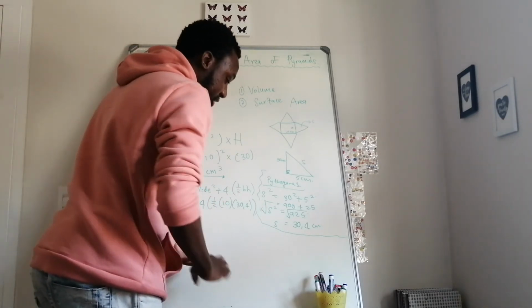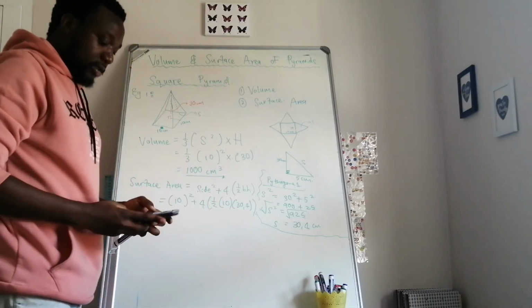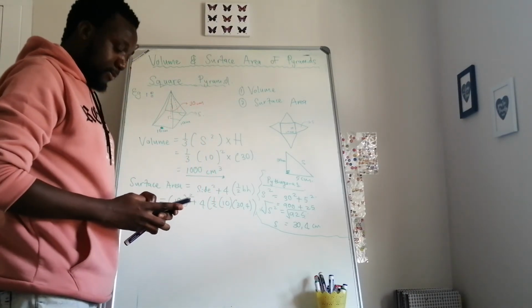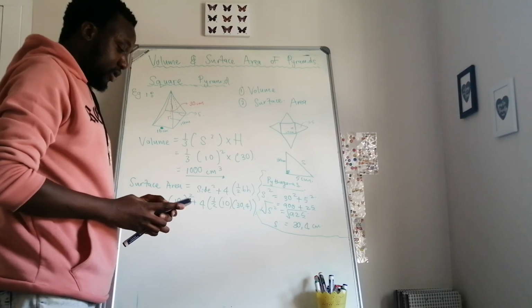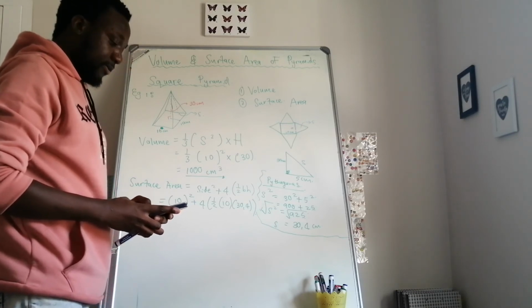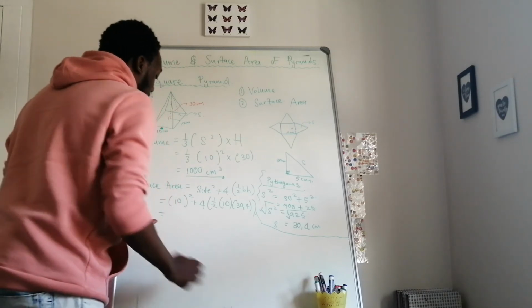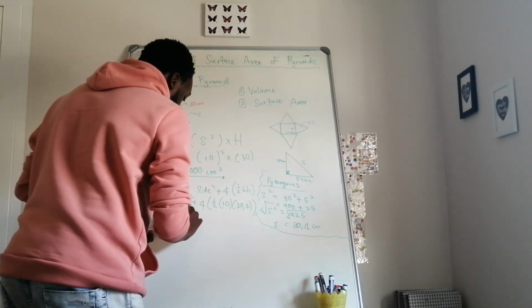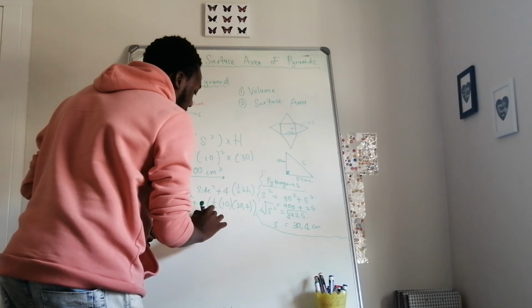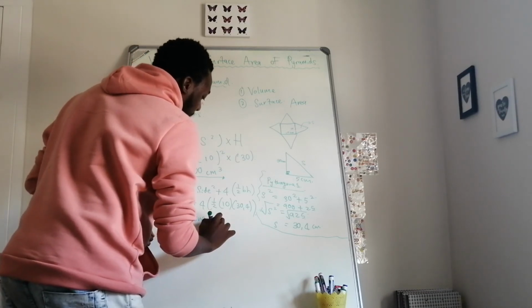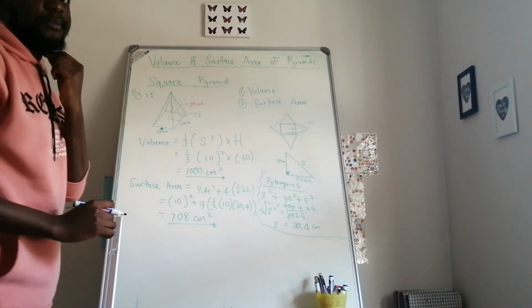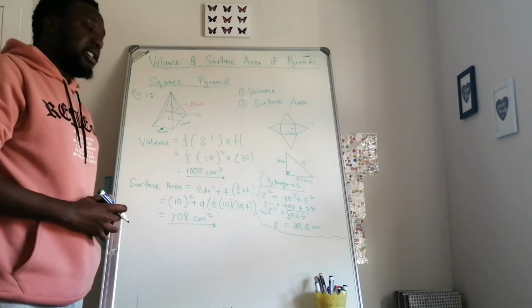So you just take that, you multiply it all in your calculator. You have 10 squared plus 4, 1 over 2, 10, 30.4. You get 708 centimeters squared. So remember, it's surface area, so the units come out as centimeters squared.